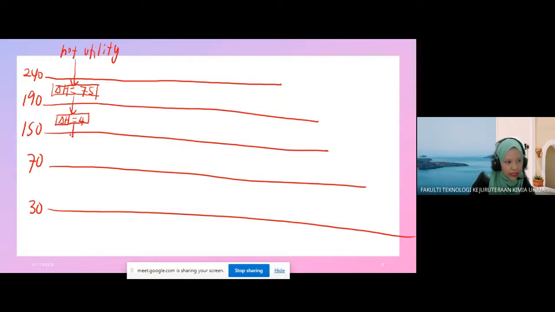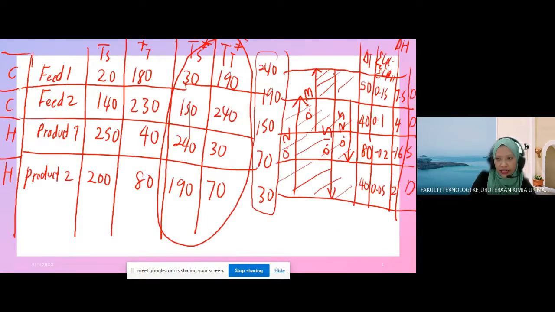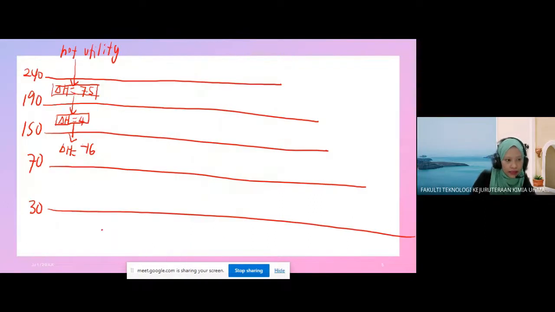And then going down, delta H, from the calculated value just now, is negative 16, this column. And next, delta H equal to 2. And then going to the cold utility.